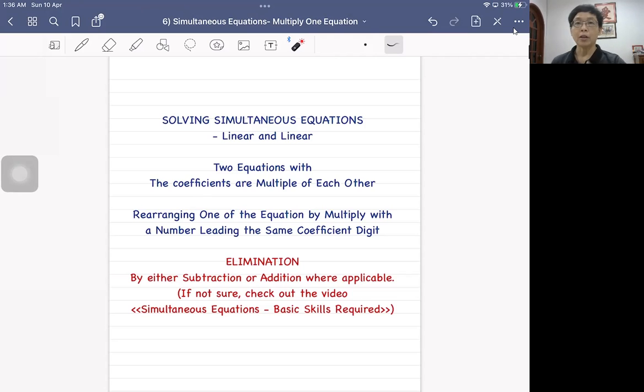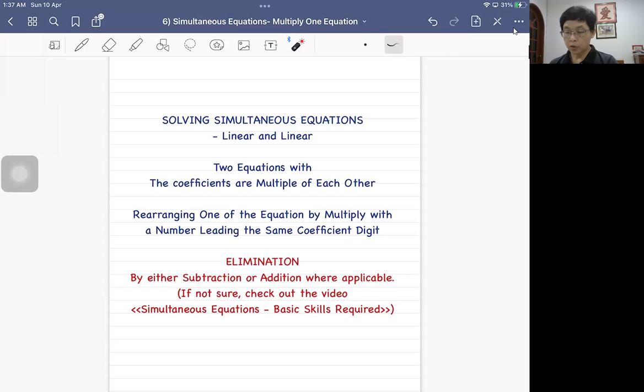What do I mean by that? It could be 2x and the other one is 4x, or it can be 3y and the other one is 9y. So it is that kind of arrangement where one of the coefficients can be easily multiplied with a number, and then it can obtain both of them the same coefficient.